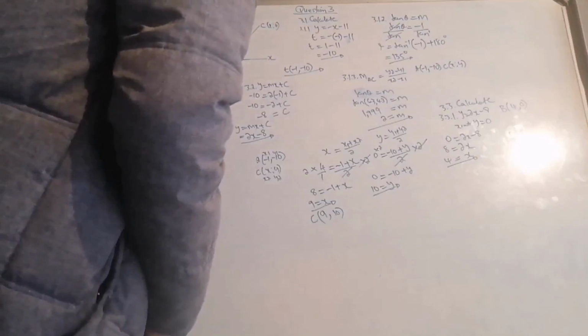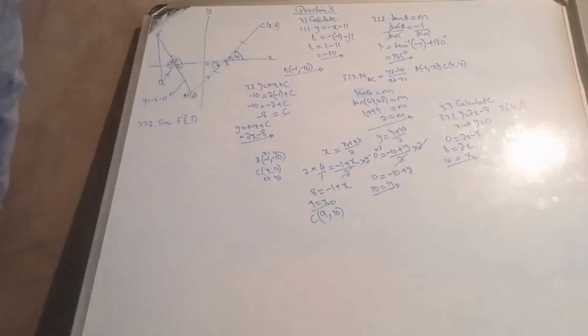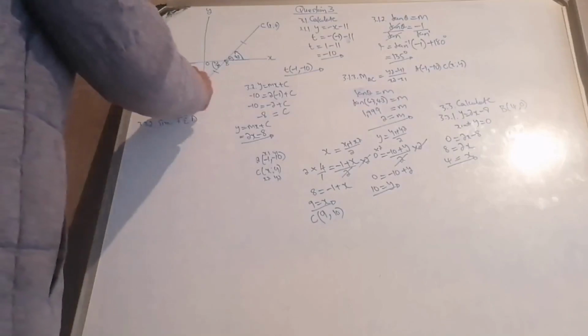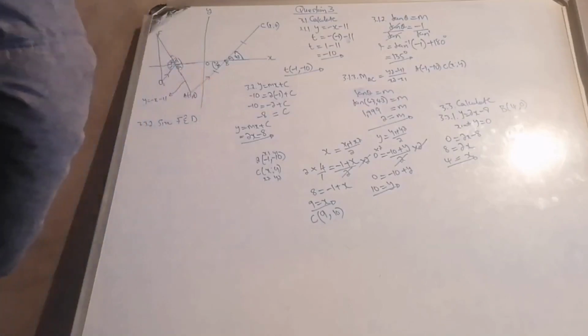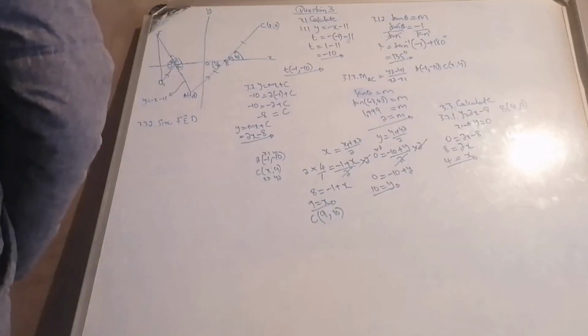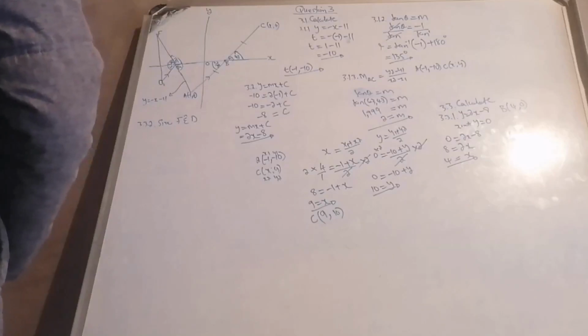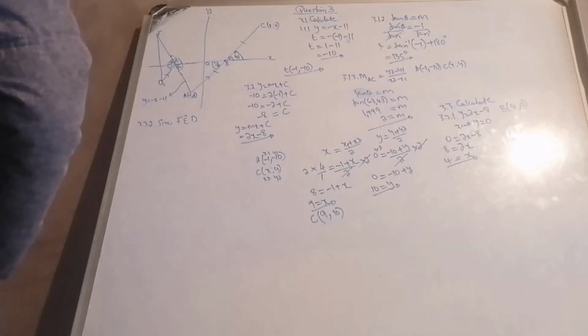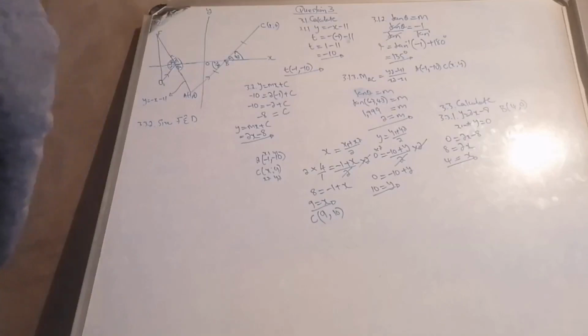This must be 63.43. And what is that going to help me with? I also don't know. But because this line is parallel to that line, there must be some corresponding angles that I can come up with. Can you see that?